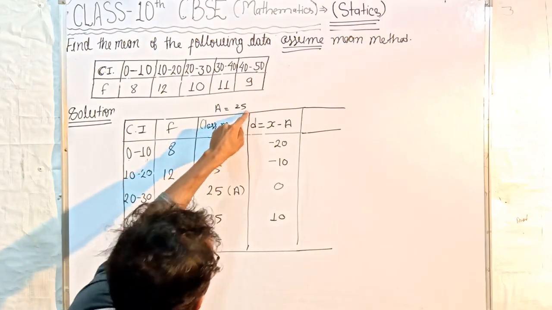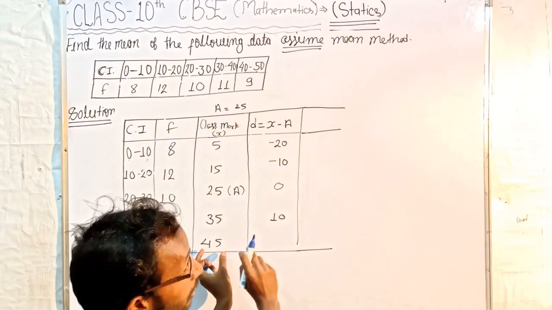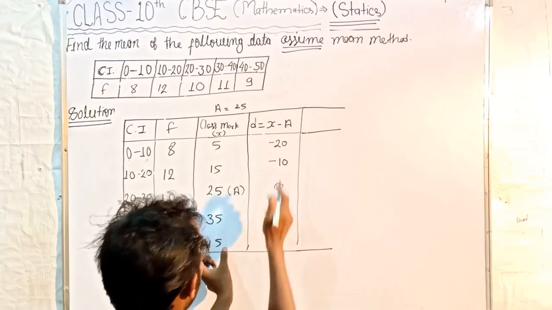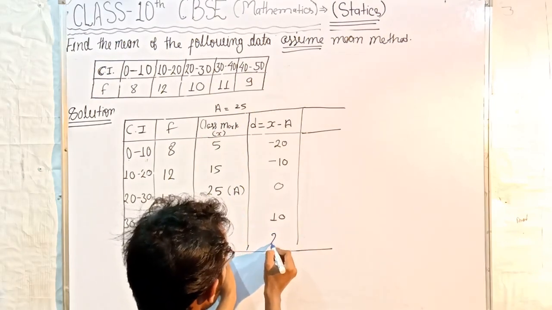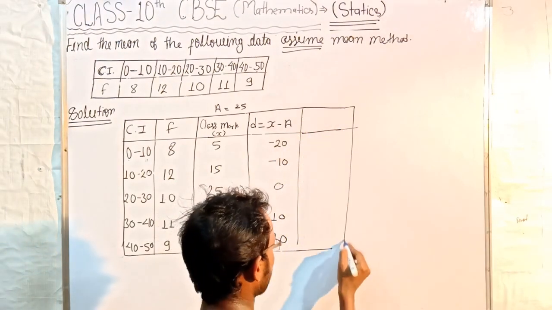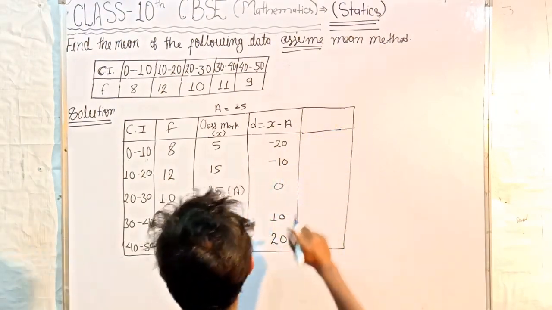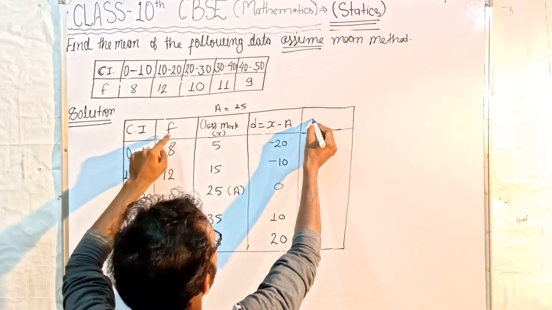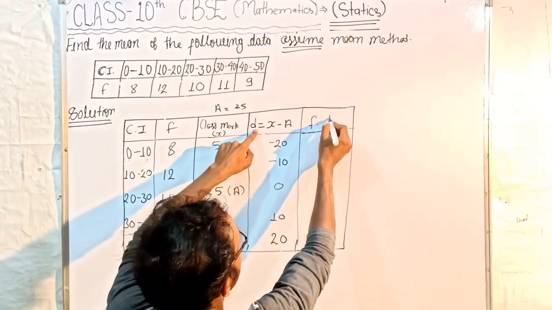Now subtract 25 from 45, and you will get 20. Our next column will be the final chart for the product of frequency and deviation.